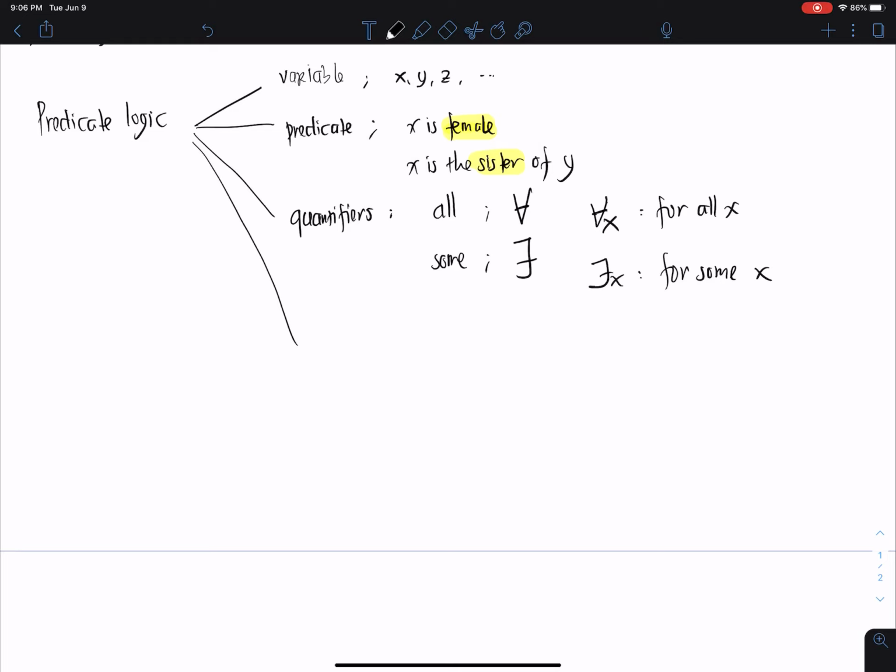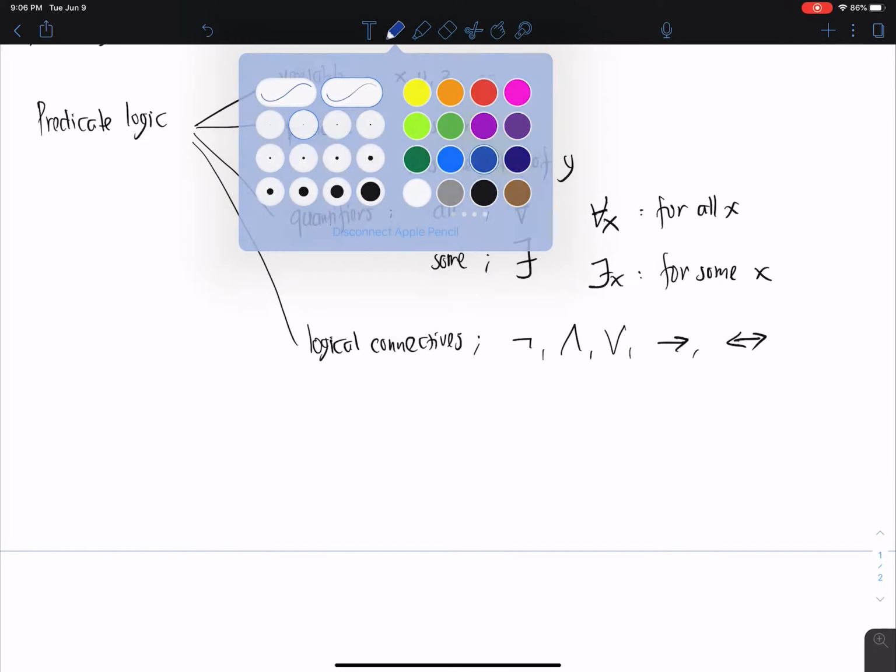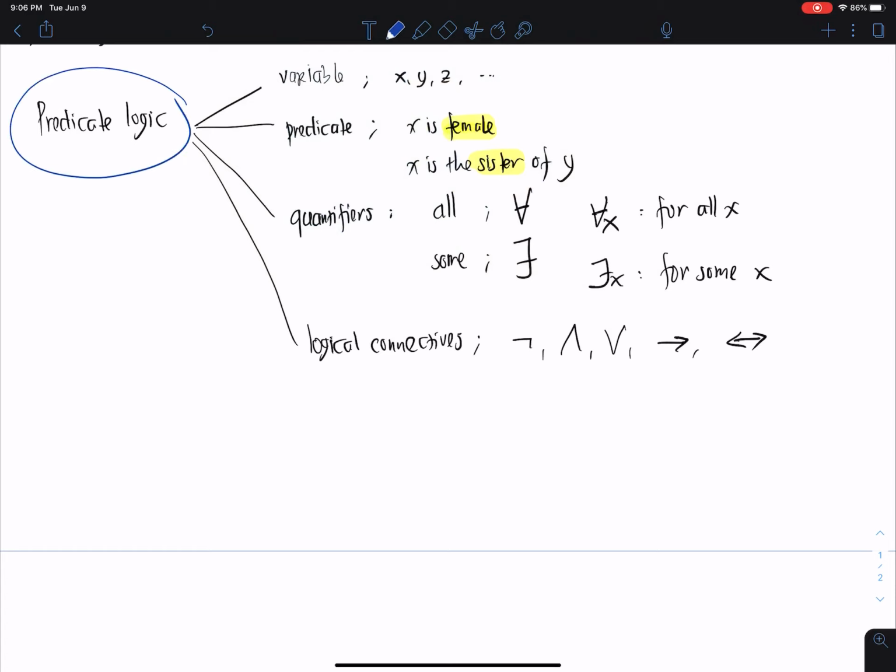Then the logical connectives are the same as what we have in propositional logic. So here also we have not, conjunction, disjunction, implies, and biconditional.